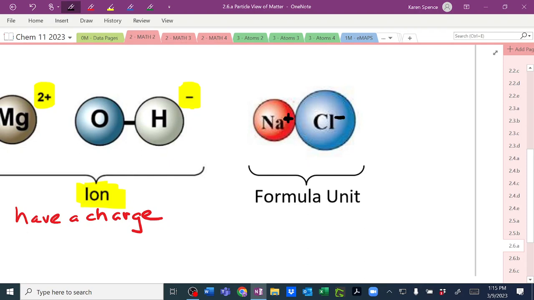What do you guys think? Neutral. Why is it neutral? Because the positive and the negative balance. When you have the same amount of positive as negative, you end up with a neutral charge.